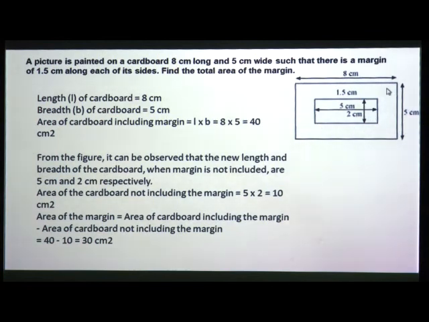In this way, after subtraction, we have found the area of the margin, which is 30 centimeter square. So, the total area of the margin is 30 centimeter square.